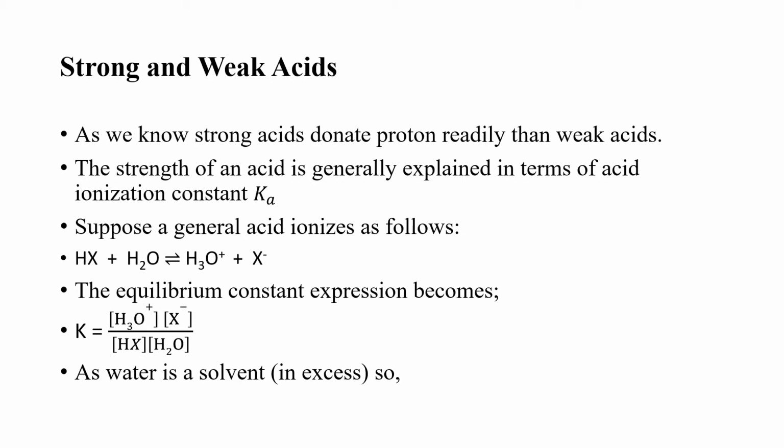Now, there is a very familiar constant that we can use in order to determine the strength of an acid. Its name is the ionization constant of acid, and it is denoted by K subscript A. In order to understand what is meant by this Ka, let us consider a general ionization reaction in which an aqueous solution of acid ionizes to form a conjugate acid and base.